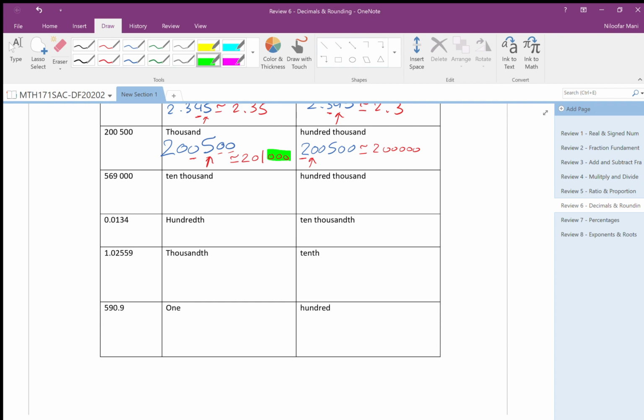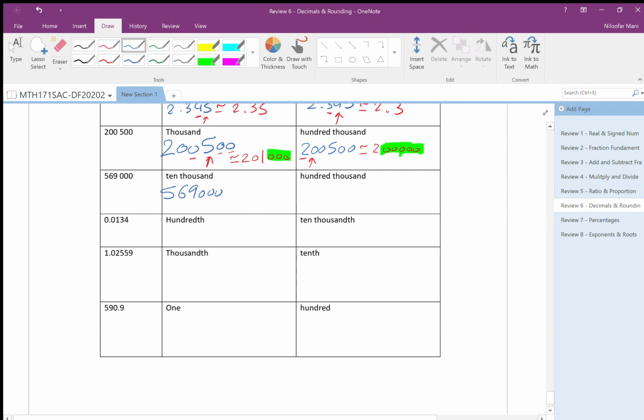Yes, I have to do this for all of them, because I underlined 2. Okay, so 5 6 9 0 0 0, 10,000.